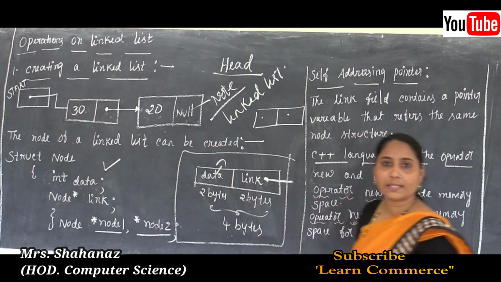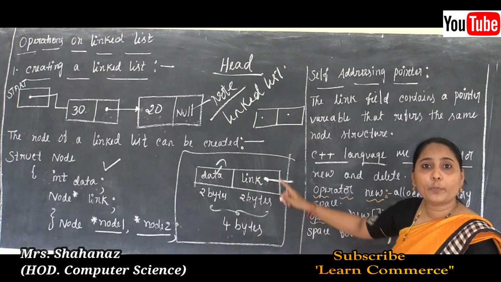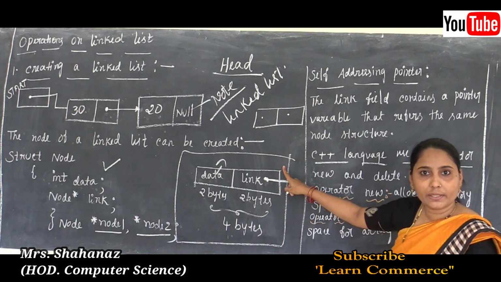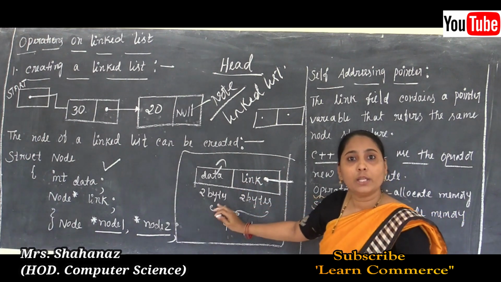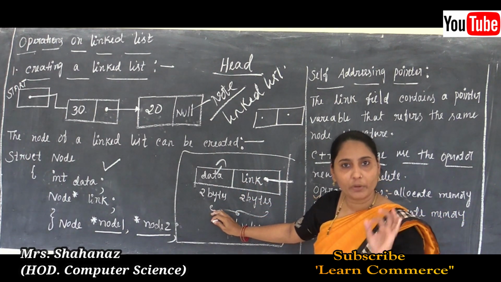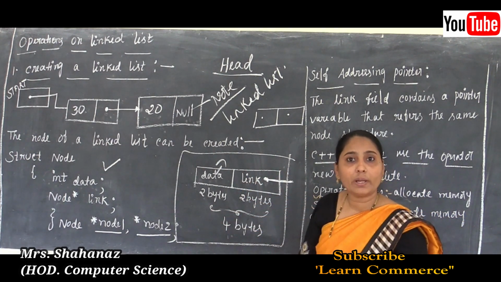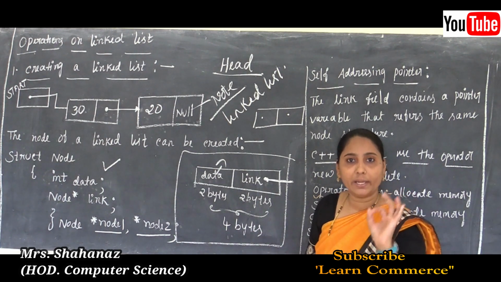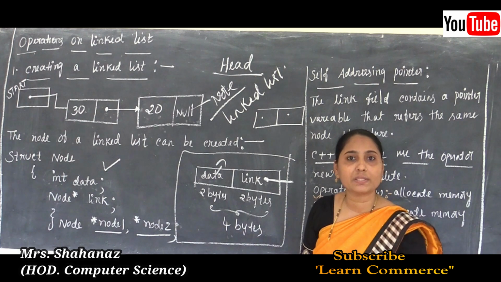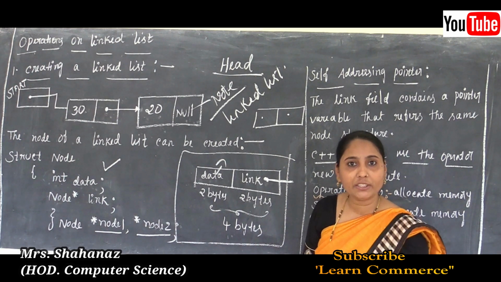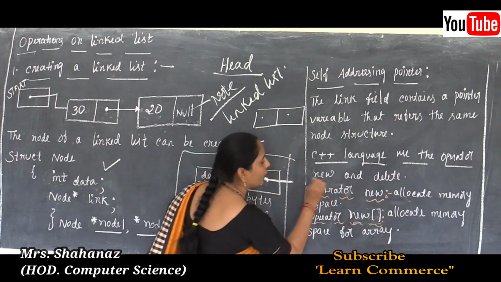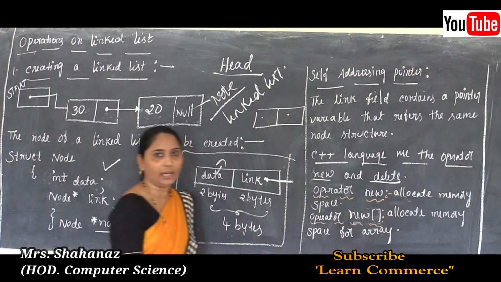So there may be cases where the program needs dynamic memory allocation, if it wants to add one extra node. For this purpose, our C++ language uses the operators called new and delete.